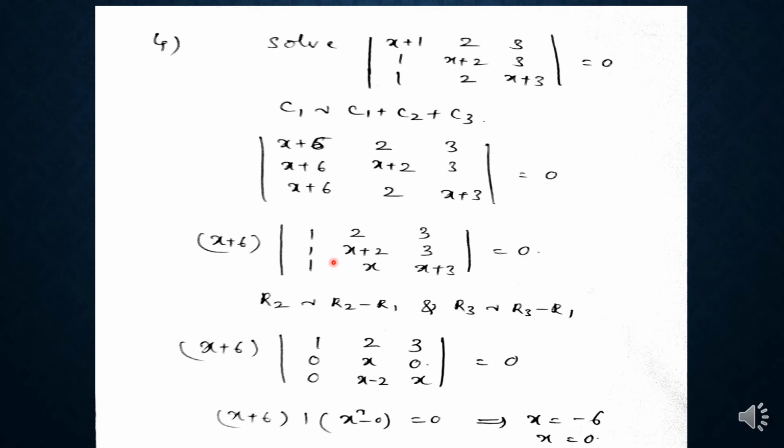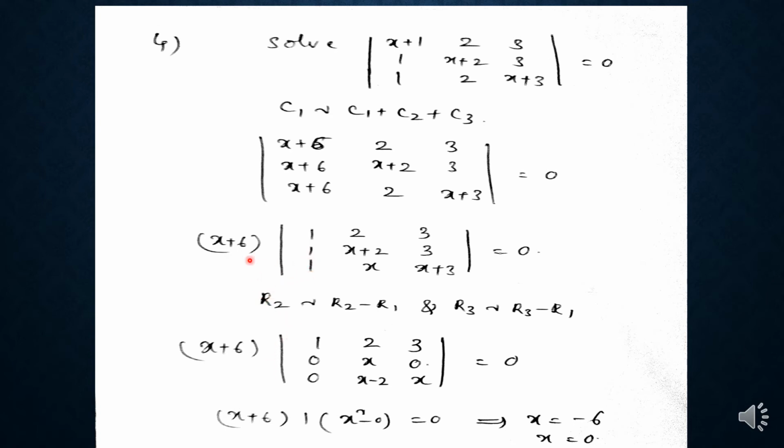So by using the row operations we can change R2 and R3 so that we will get zeros here. Then by expanding the determinant by the first column, we will get the value in the simplest way.